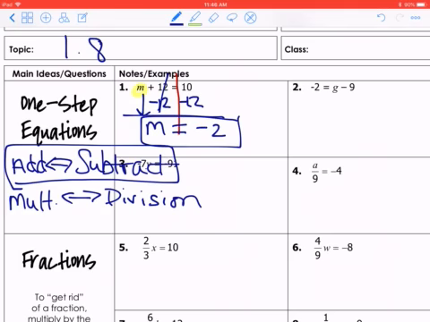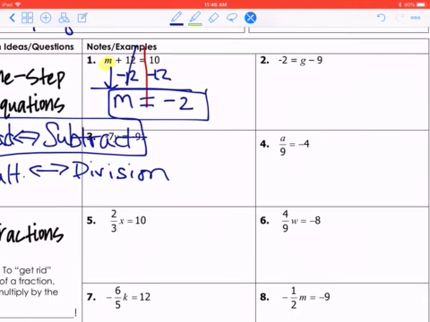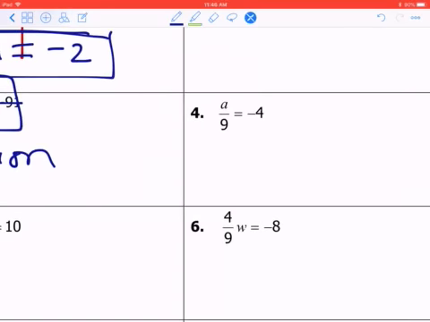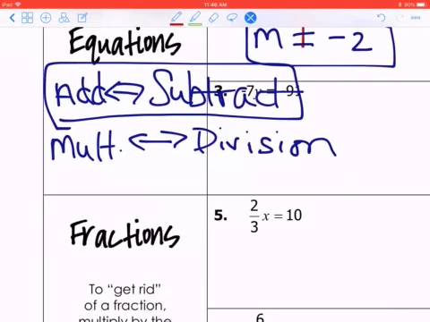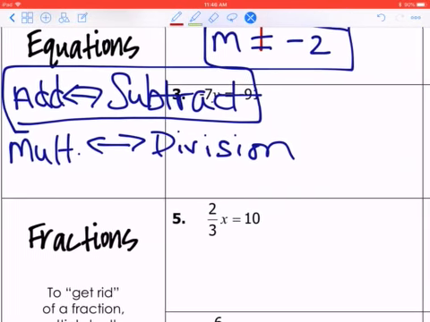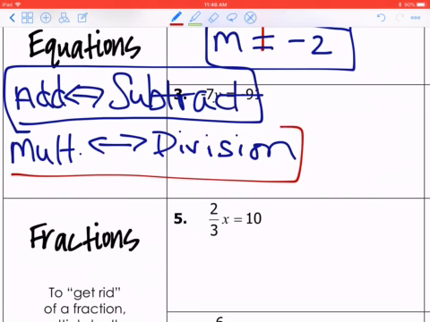Let's look at number 4 here. I'm going to move this over a little bit. So if we look at number 4, same thing, separate your equation into two sides. Identify your variable. So now we have a divided by 9. And if we look over here, we know that division is the opposite or the inverse of multiplication.